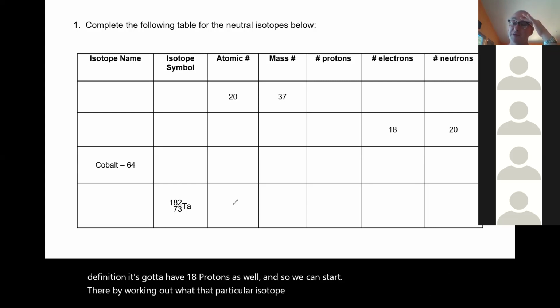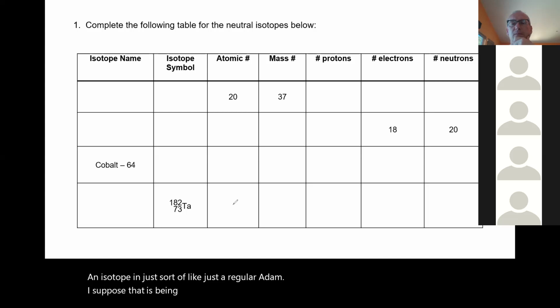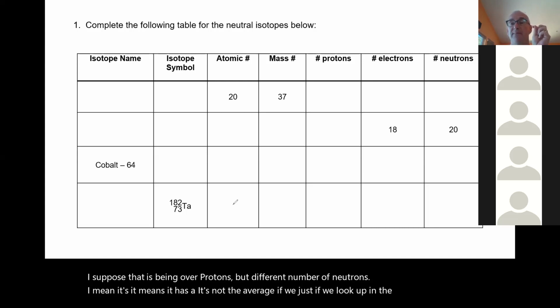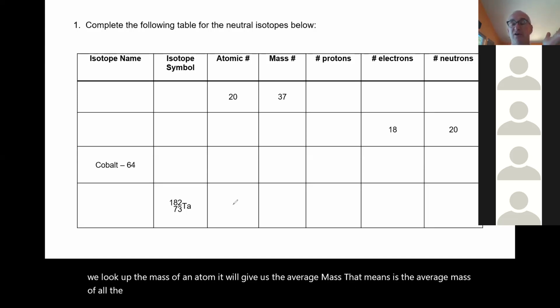Now remember, what's the difference between an isotope and just a regular atom? Isotopes have the same number of protons but a different number of neutrons. Right. It means it's not the average. If we look up the mass of an atom on the periodic table, it will give us the average mass of all the naturally occurring isotopes of that atom.